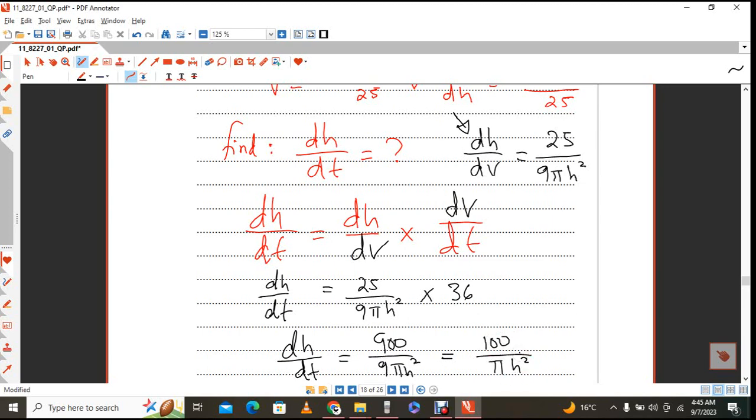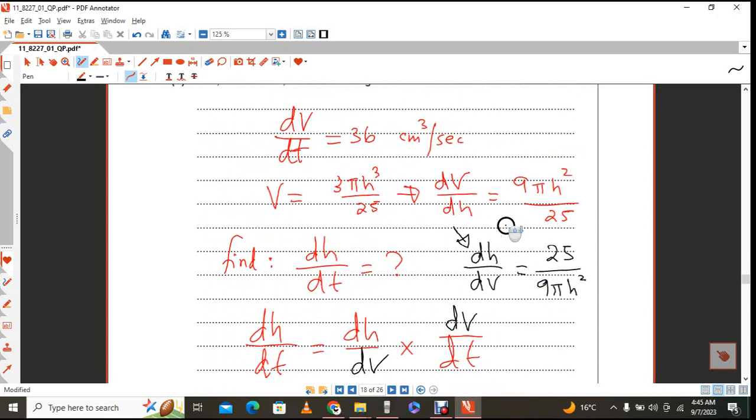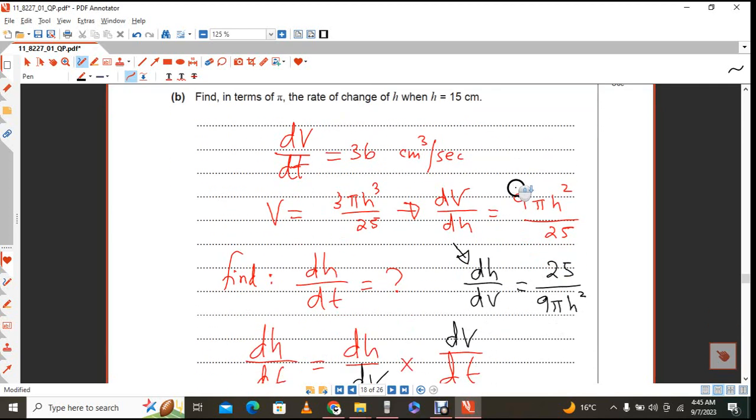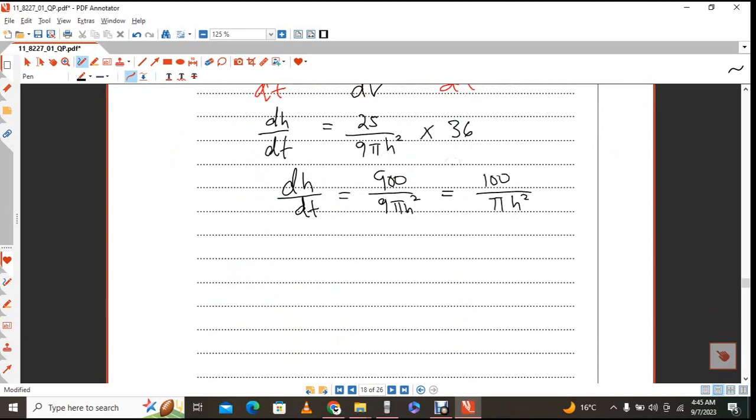Right. They say we are supposed to find the rate of change in terms of pi when h is equal to 15. Therefore, we'll say dh/dt when h equals 15 is equal to 100 over pi times, obviously our h value is given to us as 15, squared.